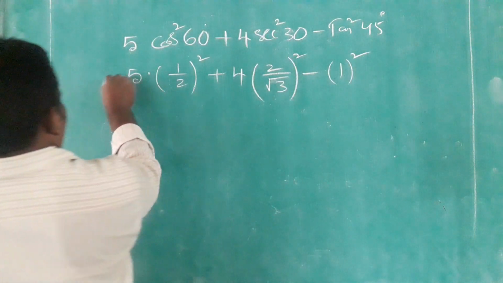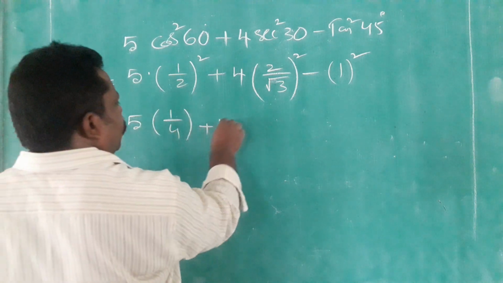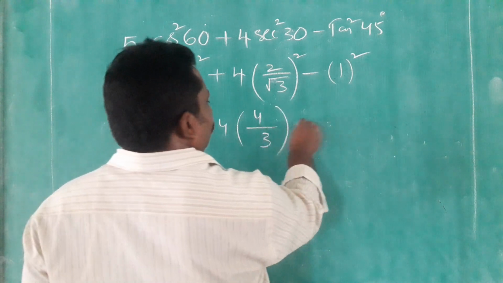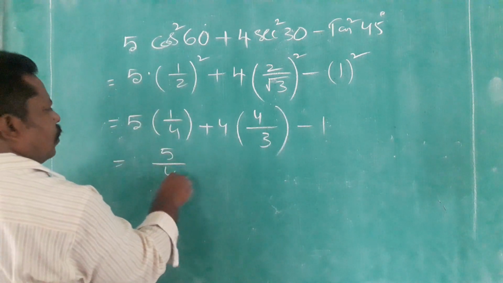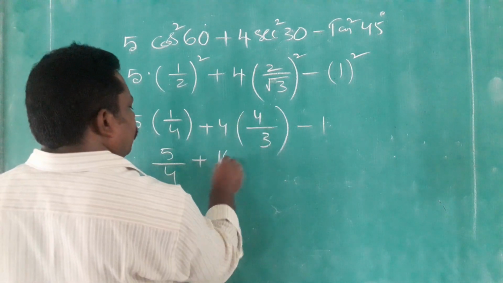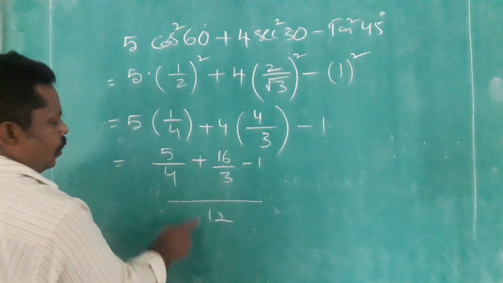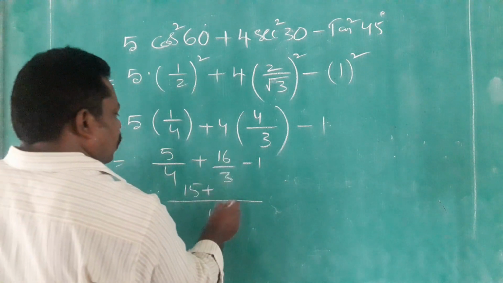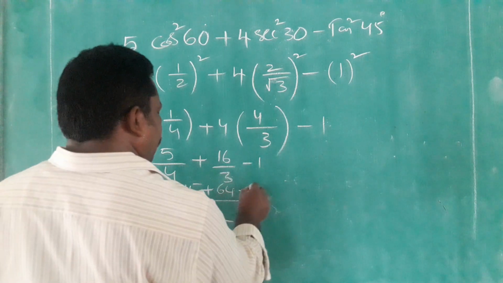Now this is equal to 5 into 1 by 4 plus 4 into 2 square means 4, root 3 square means 3, minus 1. Which is equal to 5 by 4 plus 16 by 3 minus 1. LCM is 12. 4 times 3 is 12. 3 times 5 is 15, plus 4 times 16 is 64, minus 12.